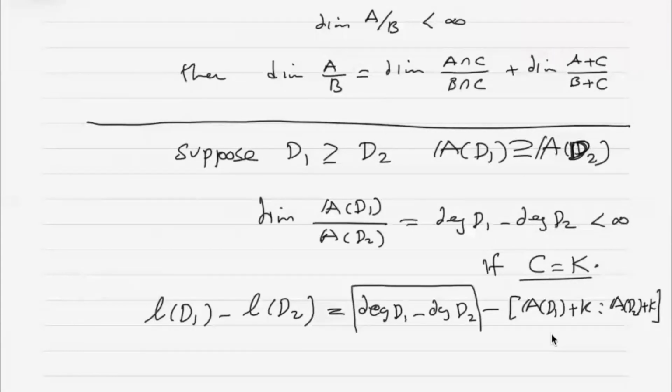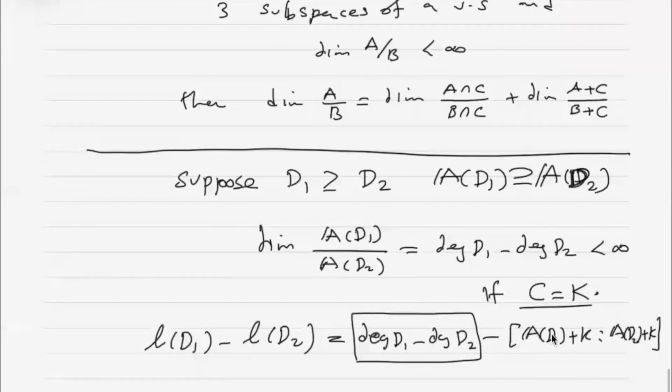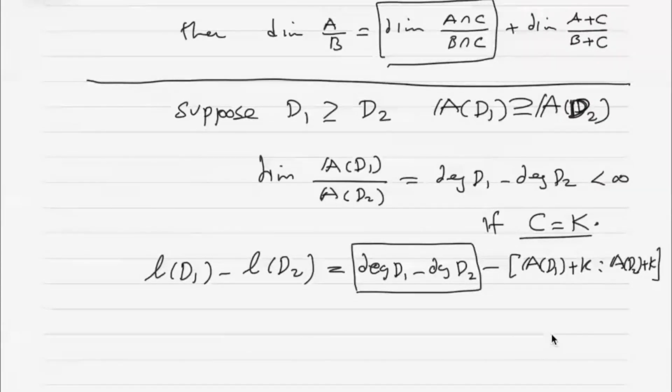Just think of this as the dimension of this quotient, and I am writing this. I take this to the beginning because this is what is important for me, the difference of the L's. And therefore, we get a result like this.